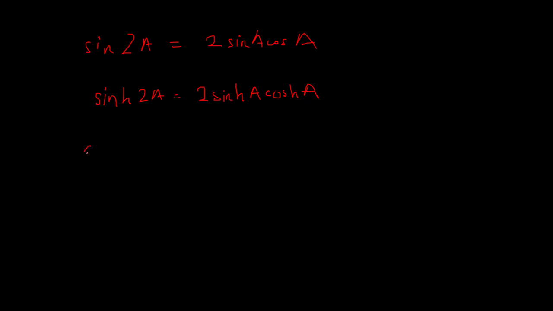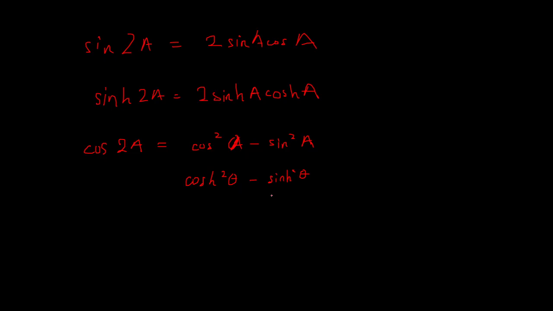Now for cos 2a equals cos squared a minus sin squared a. If you want, you can replace this with theta, cos squared theta minus sin squared theta.